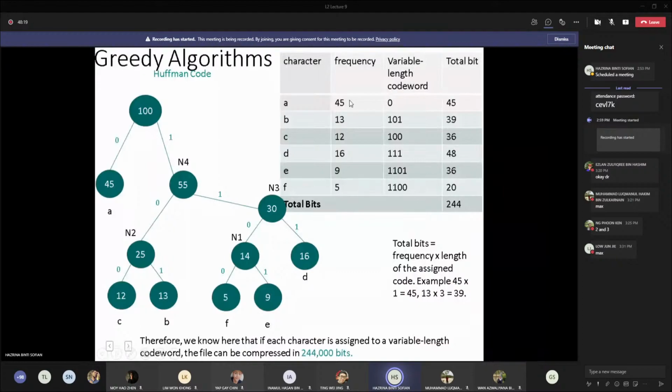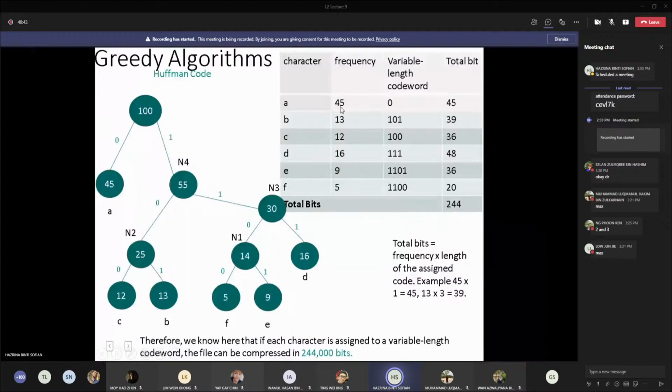So we can see here for 45, which is the character A that has the highest frequency, will have only one digit of the code word. In order for us to calculate the total bit, remember we need to multiply the frequency with the length of the code word.